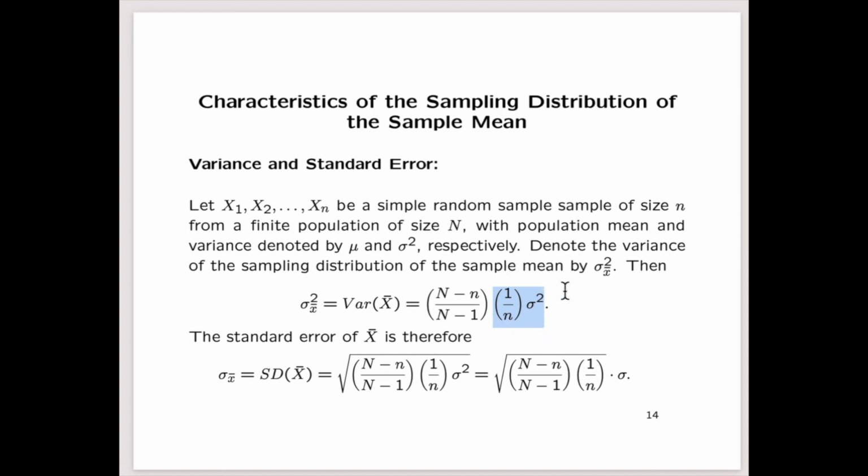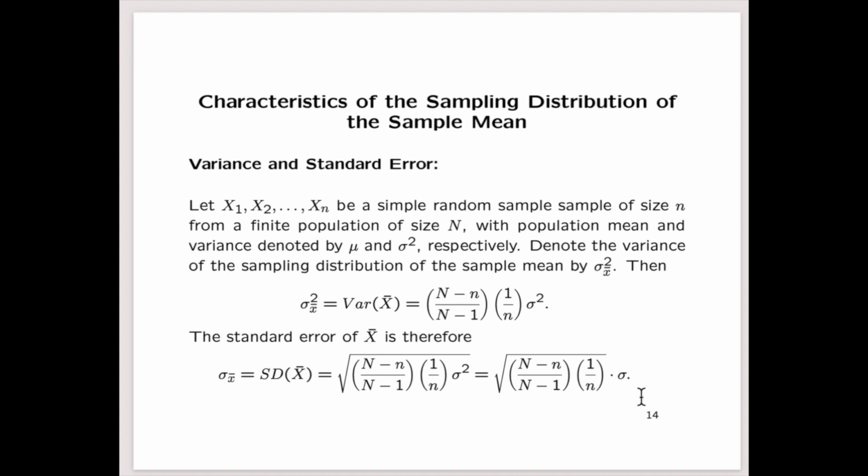But when we're performing simple random sampling, we have to adjust that using this multiplicative factor here, all right? And so the variance of the sampling distribution of the sample mean is different under simple random sampling than under IID random sampling. And because the variance is different, so is the standard error.